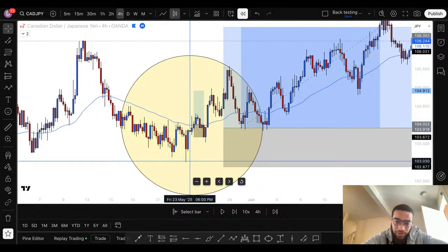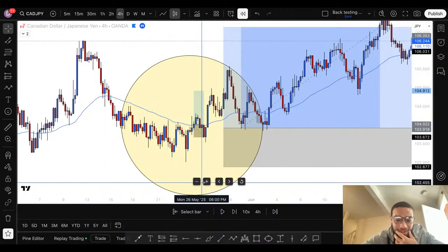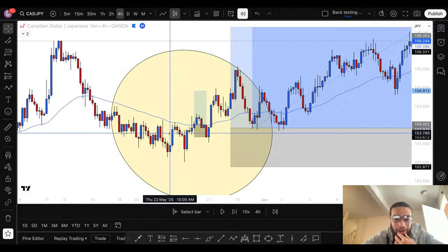The reason I lost on this trade is because this was in May. This was many, many moons ago when I was still a young trader, full of greed and FOMO. And I entered too soon. But we have this breakout.